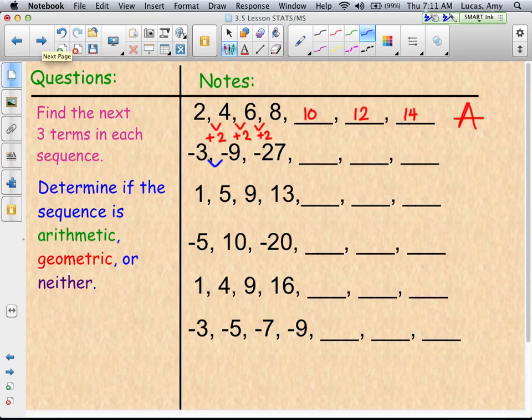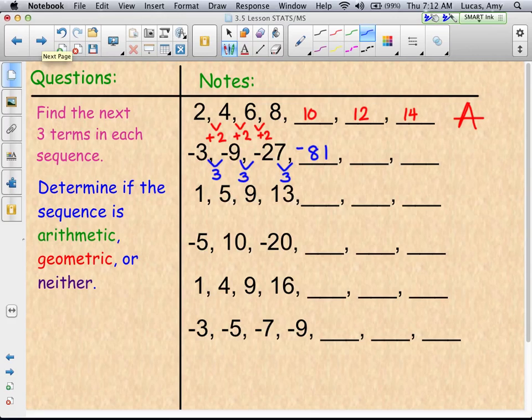If I multiply -3 times +3, I get -9. If I multiply -9 times +3, I get -27. So I need to continue that pattern. If I multiply by +3 again, I'll get -81.